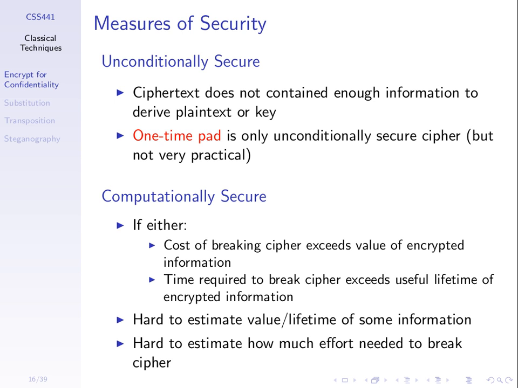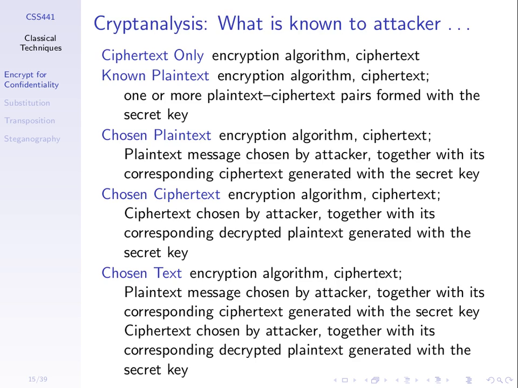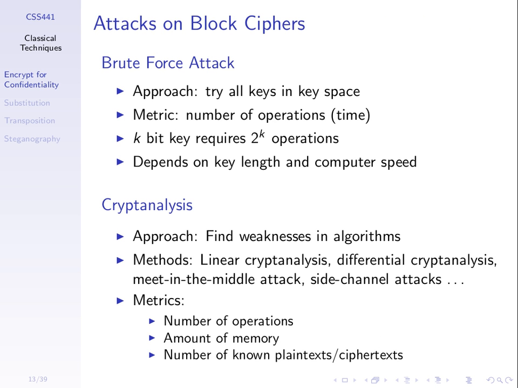Hard to estimate the value and lifetime of information, and hard to estimate how often or how much effort is needed to break the cipher. So there's no one definition of computationally secure. But that's the concept at least. Normally, when we compare ciphers, we'll say, given known attacks, how many operations they take to defeat them, and we'll use that as a measure of how good a cipher is.